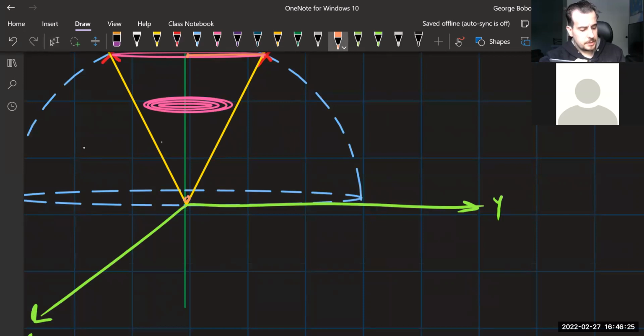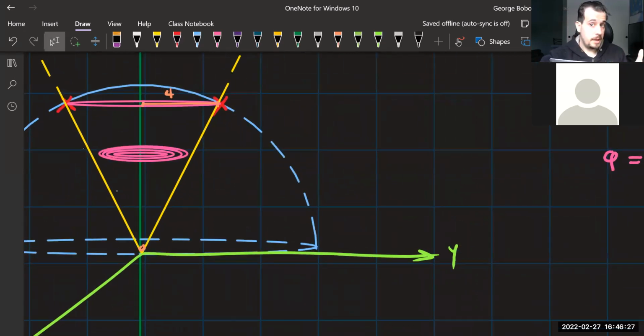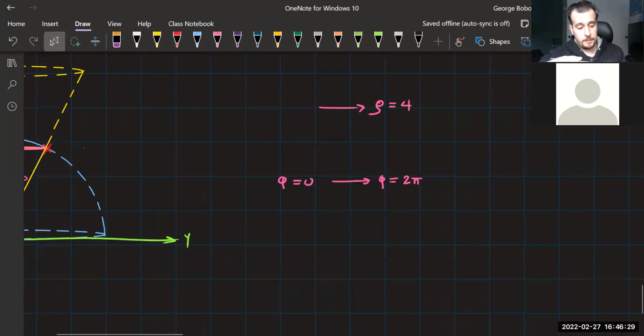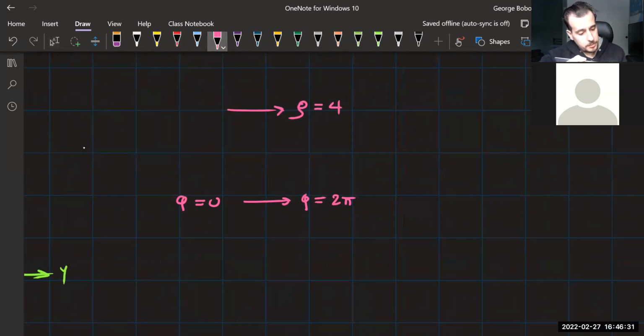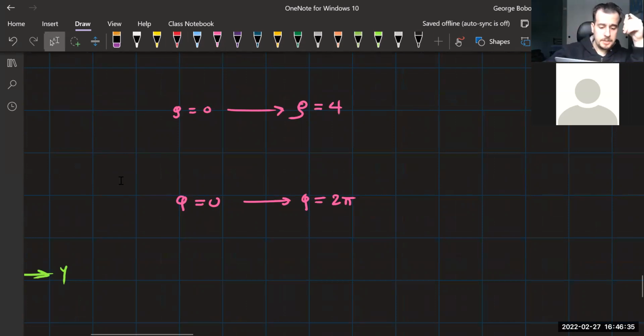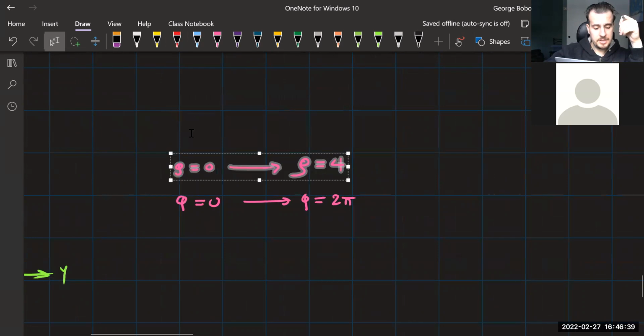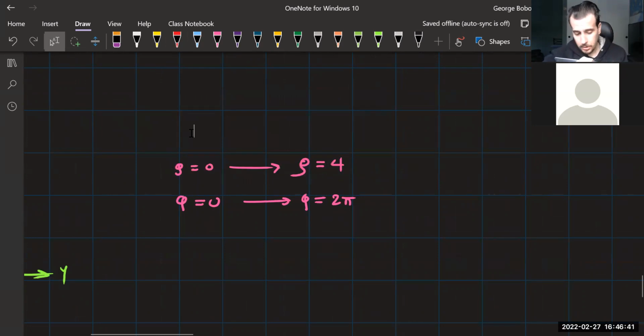For the sake of simplicity, I'll choose those to be my bounds for rho. I'm going to go from 0 all the way to 4. These are constants, which suggests that the z might not be a constant, so I'll put the z first over here.